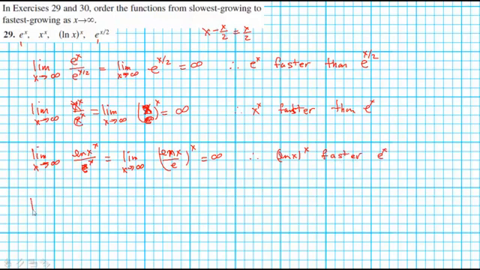Now, the last pair I'm going to try is natural log x to the x over x to the x. Now what happens here? Same trick.